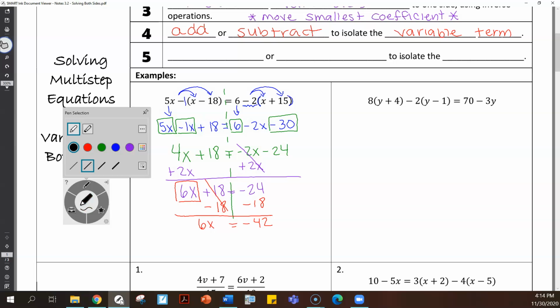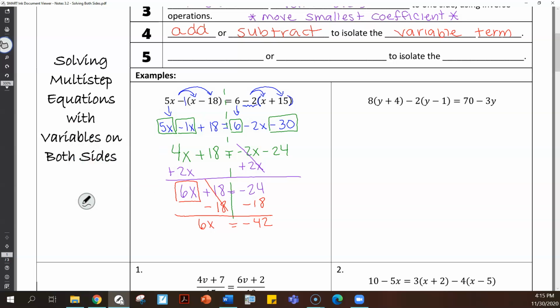And then finally, just like before, I want to get my variable alone. So I'm going to multiply or divide to isolate my variable. In my first example, my variable is x. It is not currently by itself because that 6 is there. So I'm going to get rid of that 6.